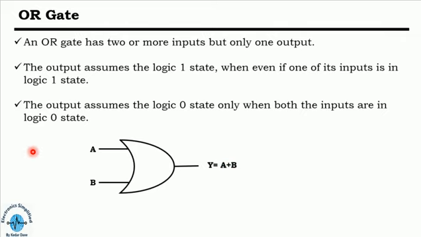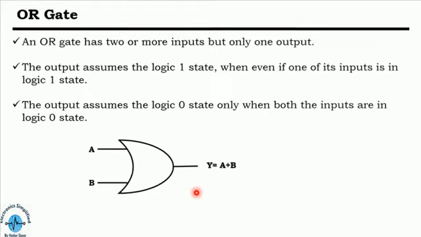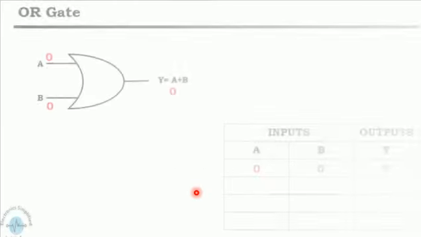So keep these things in mind, that different logic gates are represented by different operators. Here we can see the OR gate, and now we are taking the operation of this OR gate and how it can be realized.